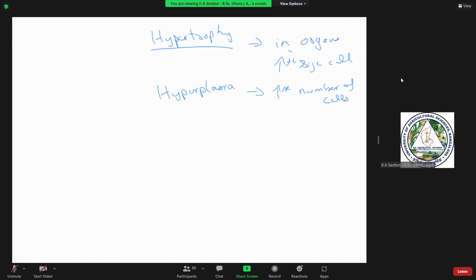In hypertrophy, it is also an increase in the size of an organ, which is due to the increase in the size of a cell, whereas in hyperplasia, it is due to the increase in the number of cells.